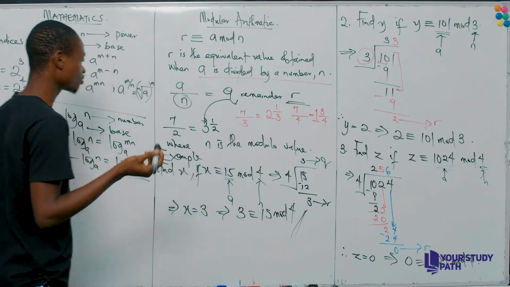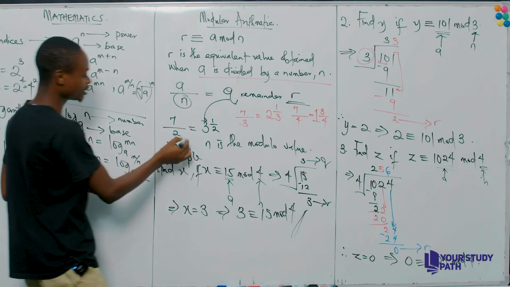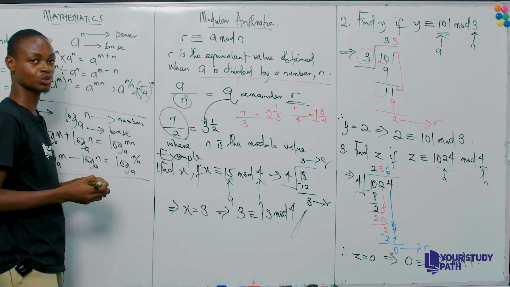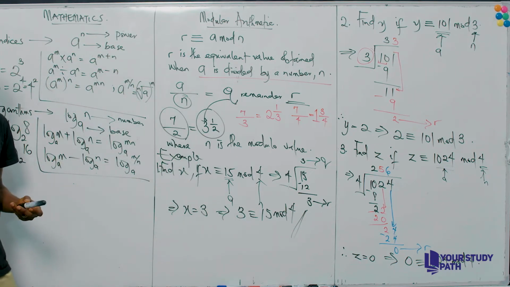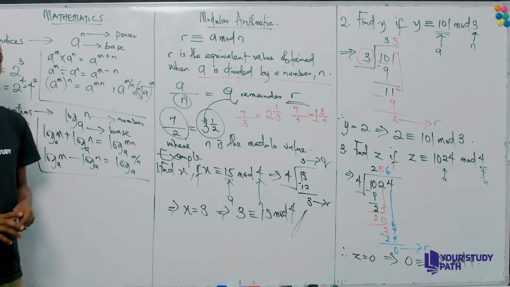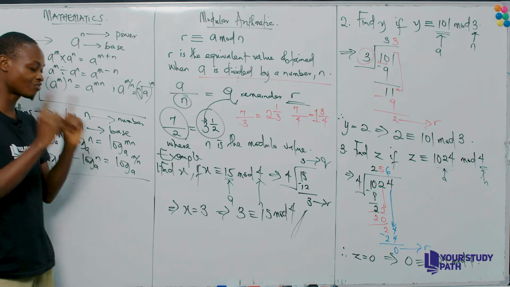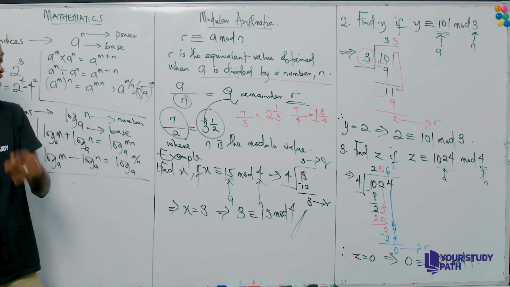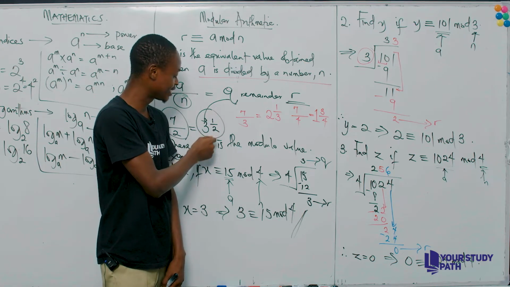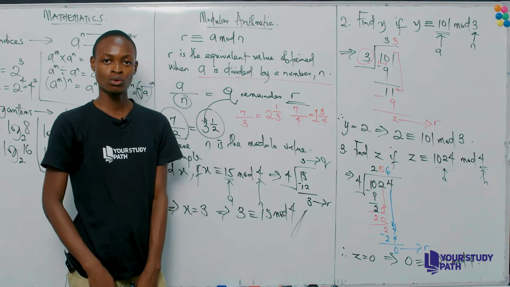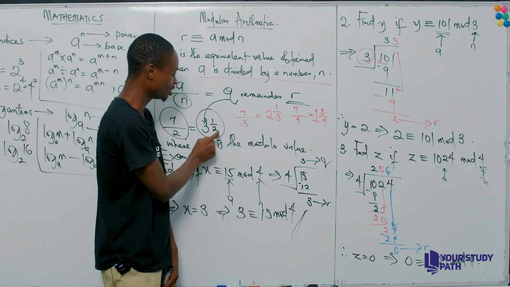It follows instinctively. If you look at this, where we have 7 divided by 2, you have 3 whole number, 1 over 2. Whenever you write your values as a mixed fraction, you will never see a mixed fraction where the remainder is greater than the denominator, or even equal to this denominator.